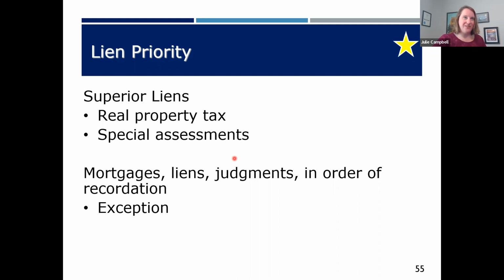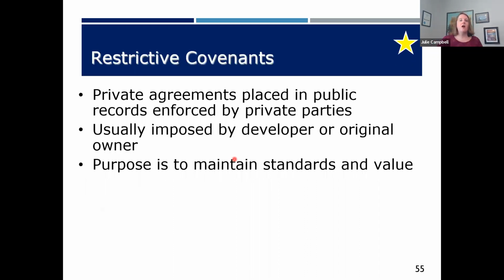Another type of encumbrance, moving away from liens, are restrictive covenants. If you're purchasing a property that's in a homeowners association, you're in an HOA, the restrictive covenants are an encumbrance. We're going to talk more about restrictive covenants in Unit 6.